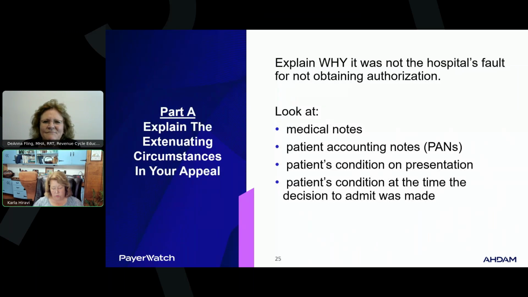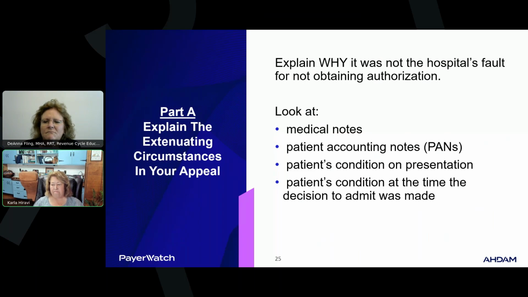Whenever you are appealing something like this, explain why it was not the hospital's fault for not obtaining authorization. There can be 1,000 reasons for it, but you want to look at the medical notes. You want to look at the patient accounting notes.